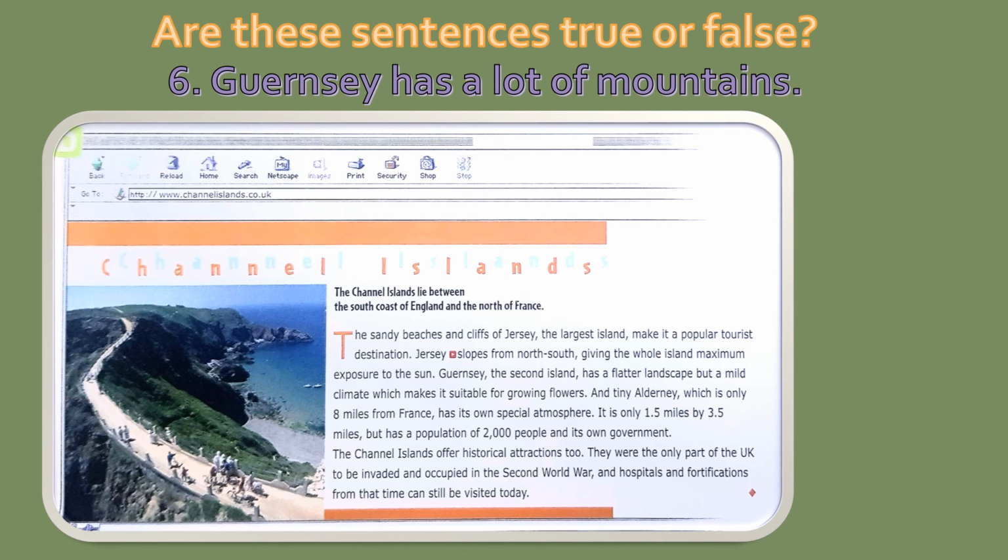Guernsey has a lot of mountains. Is it true or false? Guernsey has a flatter landscape, so it's false.